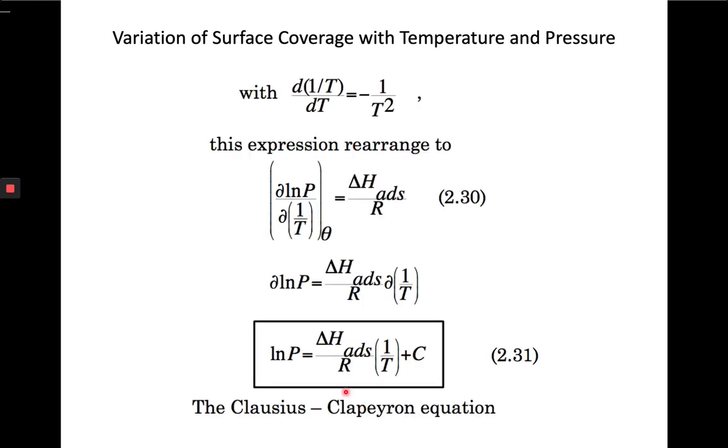With d(1 over T) over dT equals minus 1 over T squared, this expression can be rearranged, and finally we get ln P equals delta H adsorption over R times 1 over T plus C.